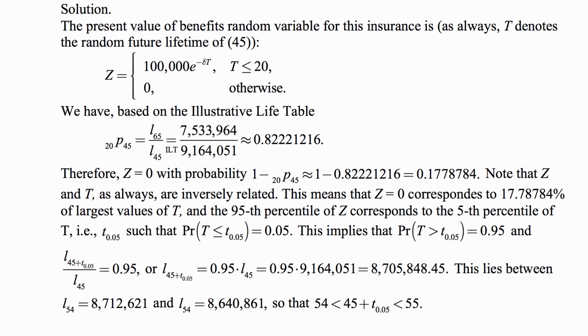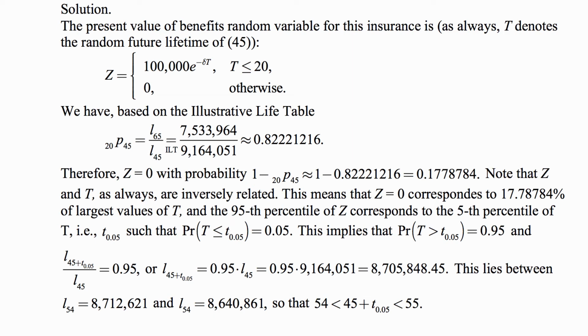And then, based on the data in the illustrative life table, the probability of survival over 20 years is L65 divided by L45, and that's about 82.22%. And that means that Z is equal to 0 with probability 1 minus that, which is about 17.79%.